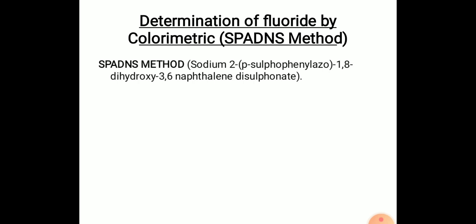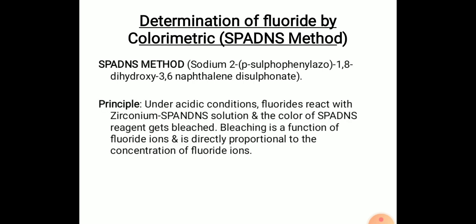So this method is called the SPADNS method. In this experiment the principle is that we need to maintain acidic condition. Fluoride ions react with the zirconium SPADNS solution and the color of the SPADNS reagent gets bleached.